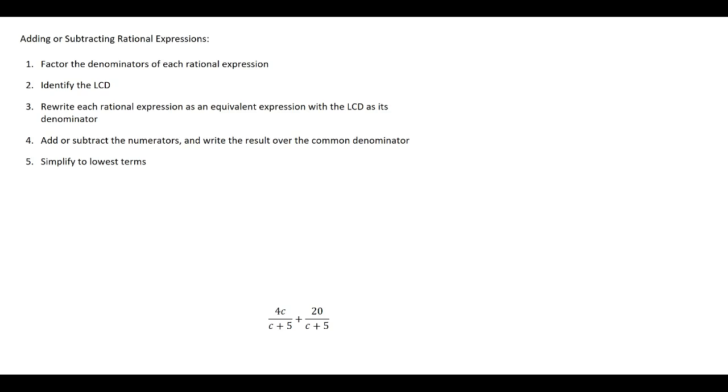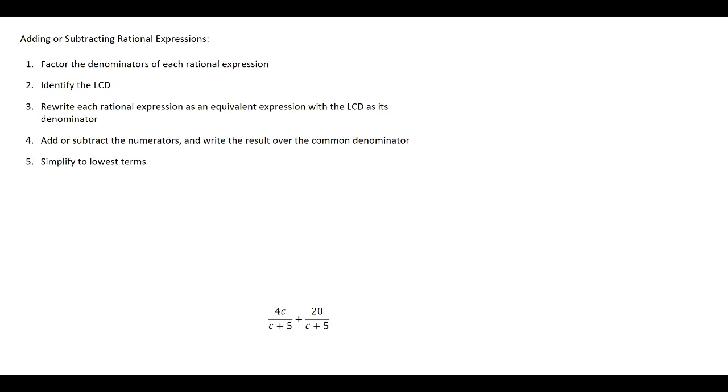Rewrite each rational expression as an equivalent expression with the LCD as its denominator. Meaning, rewrite the fraction or the rational expression in terms of the least common denominator, multiplying numerator and denominator by what's missing. Then we add or subtract, whichever one it is, the numerators.